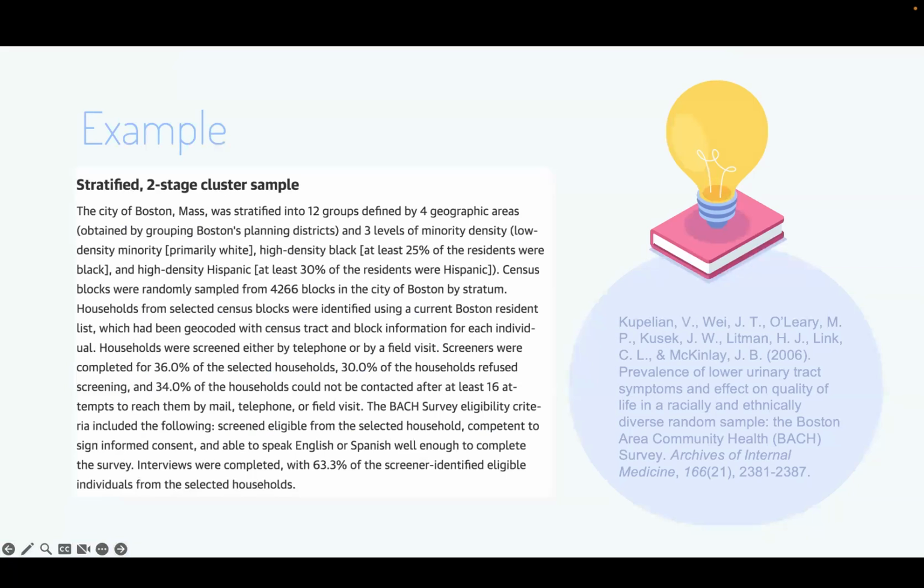By selecting areas with different demographic densities, the researchers could ensure a broader spectrum of experiences related to urinary tract symptoms and the quality of life was captured.